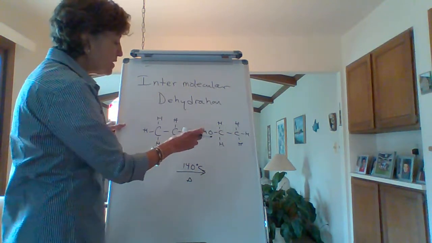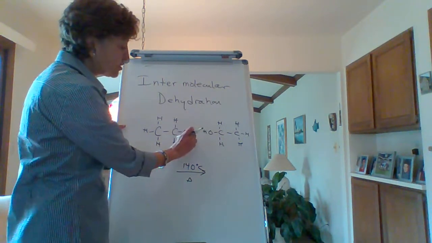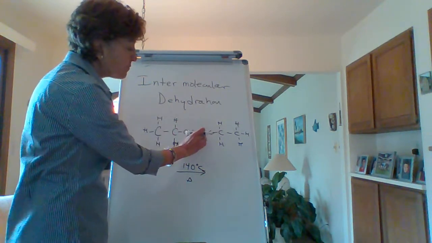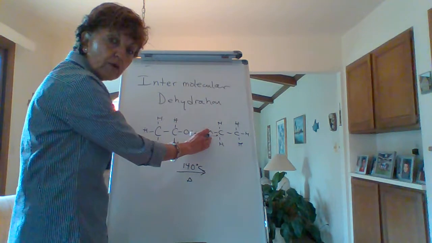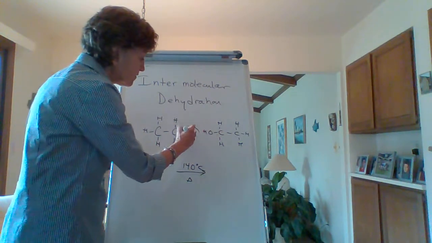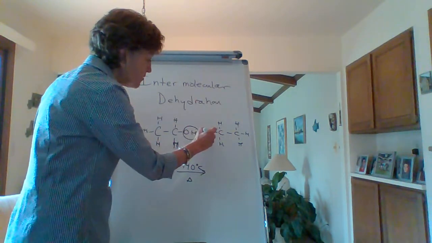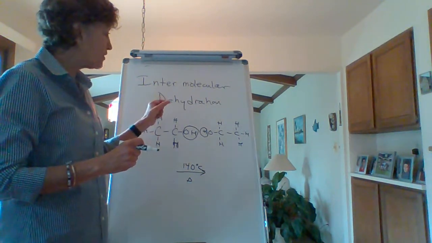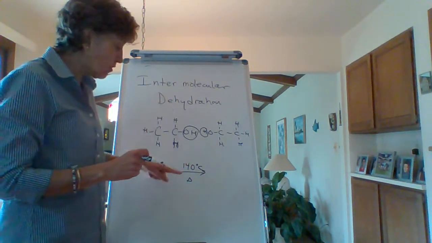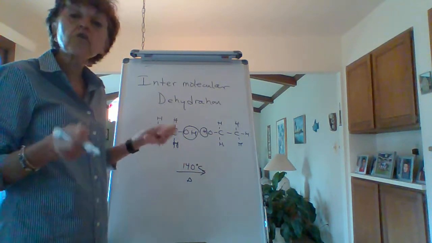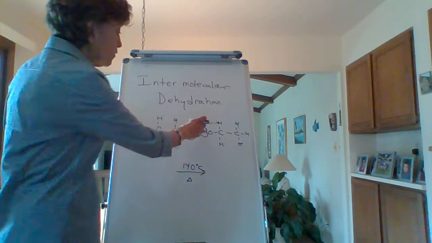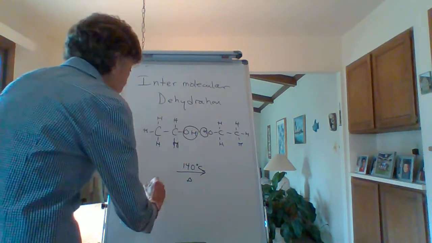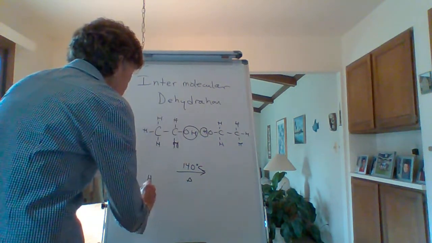What's going to happen is that you remove an OH from one of the alcohols and then an H from the OH of the other one. So you're taking this away and you're taking this away, all right? Because in intermolecular dehydration of primary alcohols, which has to be at 140, you're creating an ether. So when you take this H and this OH away, what are you left with? You are left with this molecule.